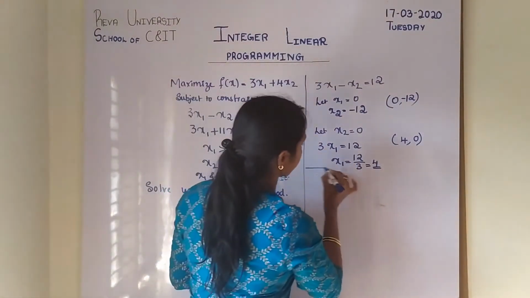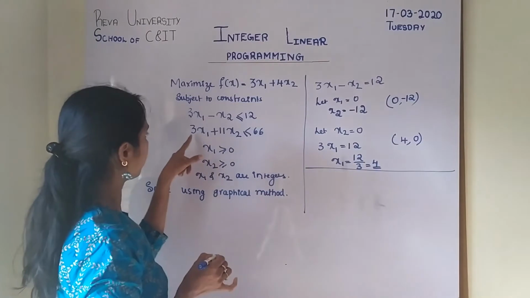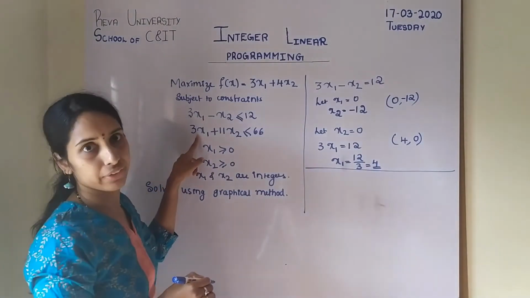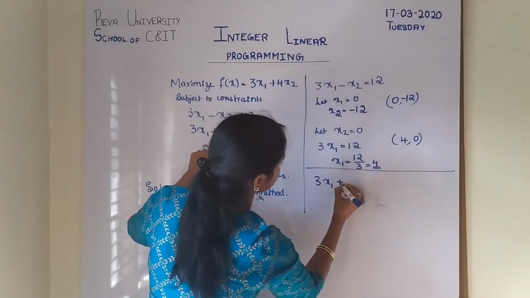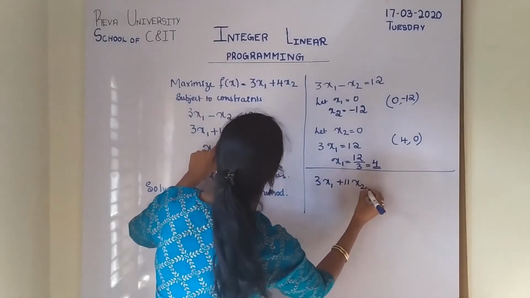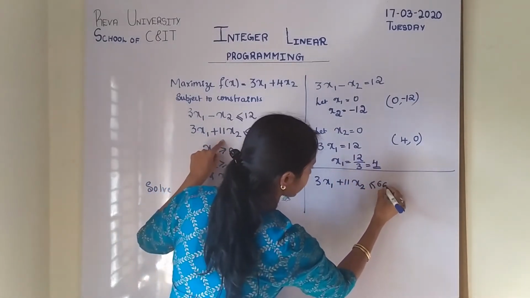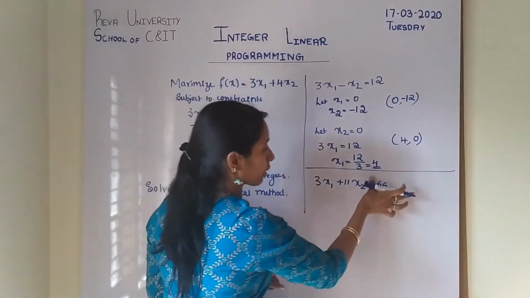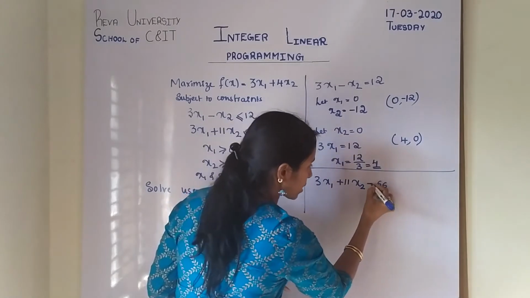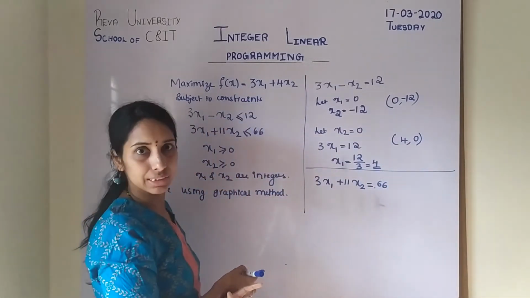Now similarly, let's consider the second constraint, 3x1 plus 11x2 is less than or equal to 66. I want to solve this, so I will consider this equal to 66.